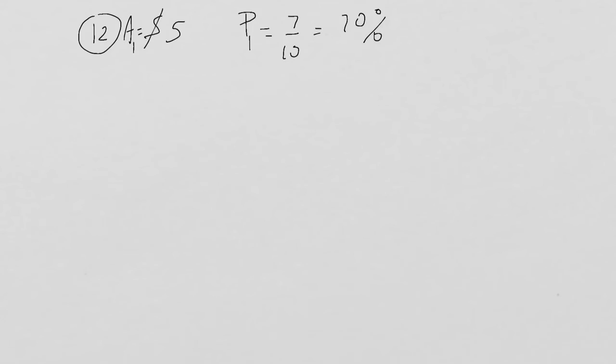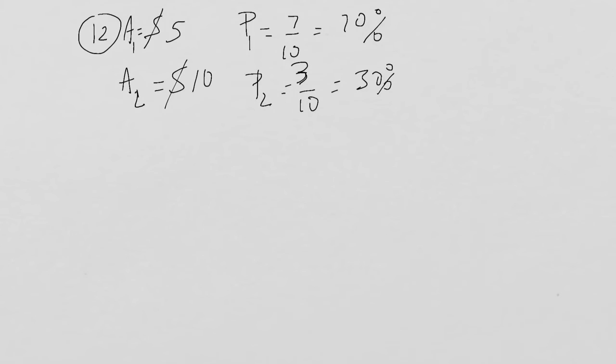To end this set of problems regarding expected value, we are going to do problem number 12, on page 658. In this problem, they are telling you the probability of selecting a slip indicating $5 is 7 out of 10, which is 70%, and when the amount is $10, the probability is 30%.